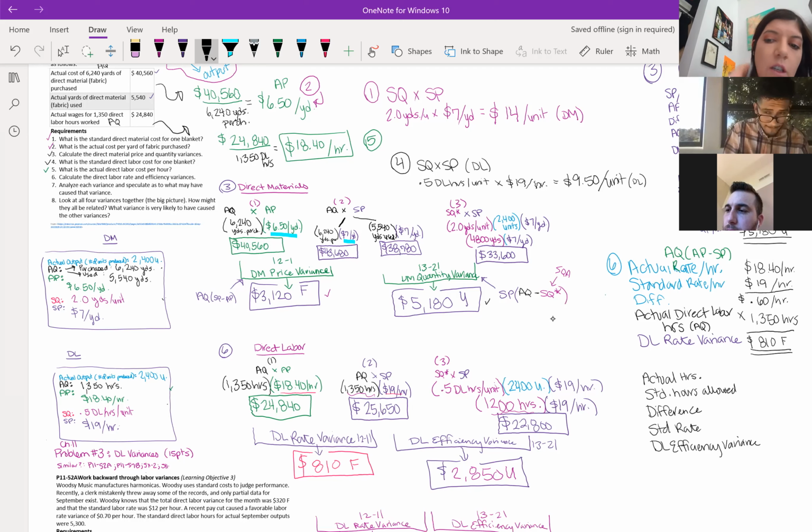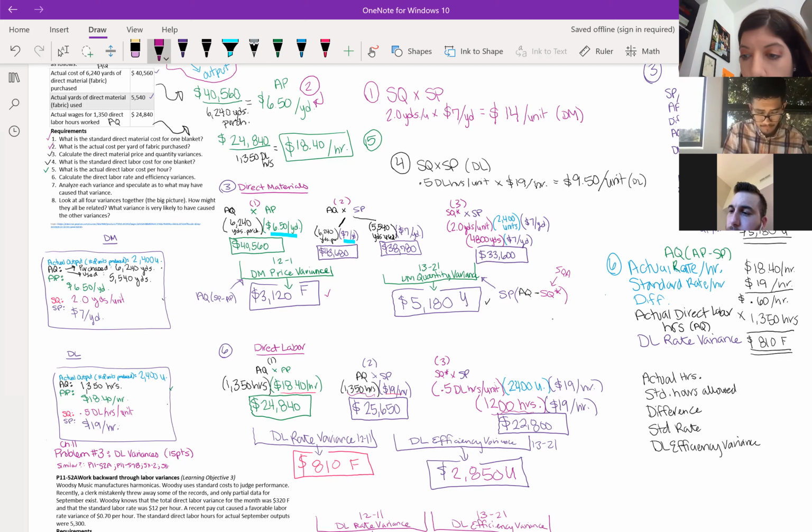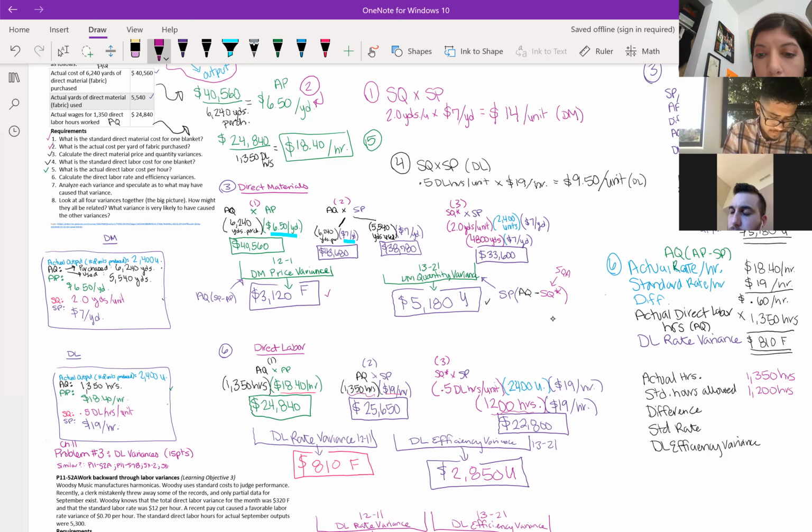For the efficiency variance, you start with your actual hours, which were 1,350 hours, compared to the hours that you should have used, your standard hours allowed, which was the 1,200 hours that we calculated over here. The difference is 150 hours, right? You used 150 hours more than you should have.